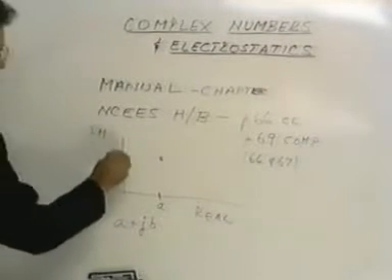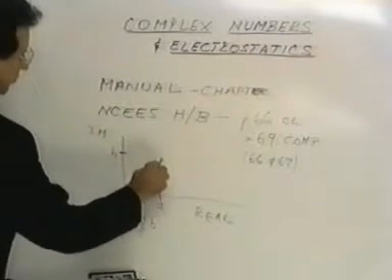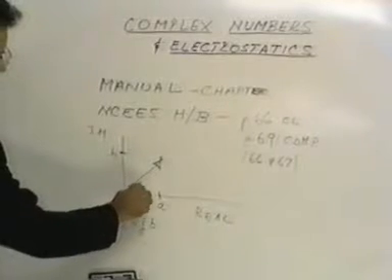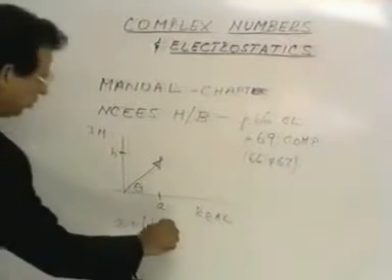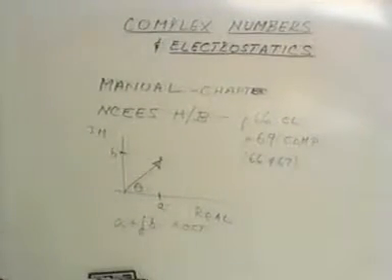And the vector representation would be a vector looks like this. It'll have an angle theta at this point. But let's forget about the angle theta for just a minute and look only at the components A and B. When we describe a complex number by A plus JB, it is said to be in the rectangular coordinates, and it's very simple.